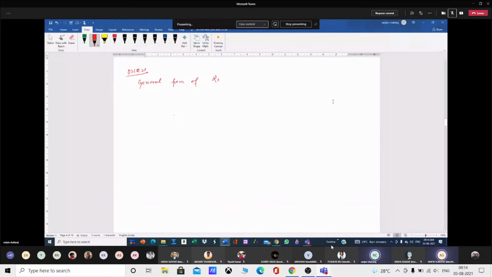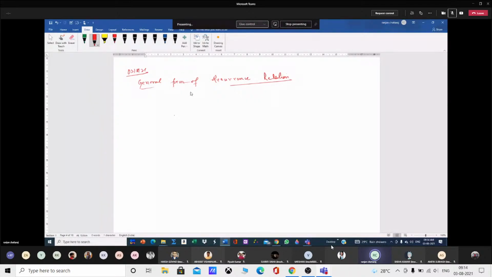By the way, general form, sir. Okay, so general form of recurrence relation. Today we are going to solve homogeneous linear recurrence relations.